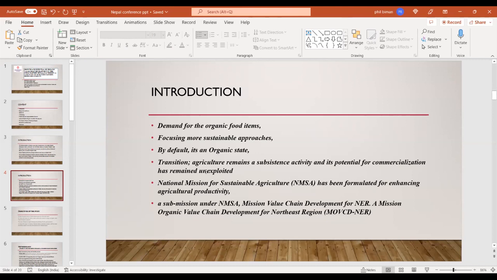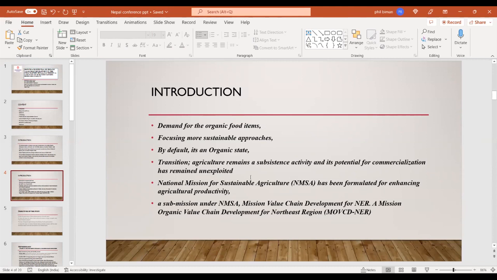The current agriculture system of Arunachal Pradesh still remains subsistence activity, all traditional methods focusing on one particular crop, and commercialization is very new to the state.